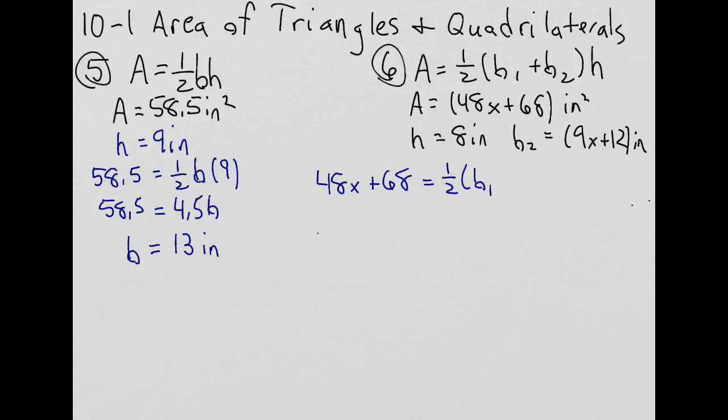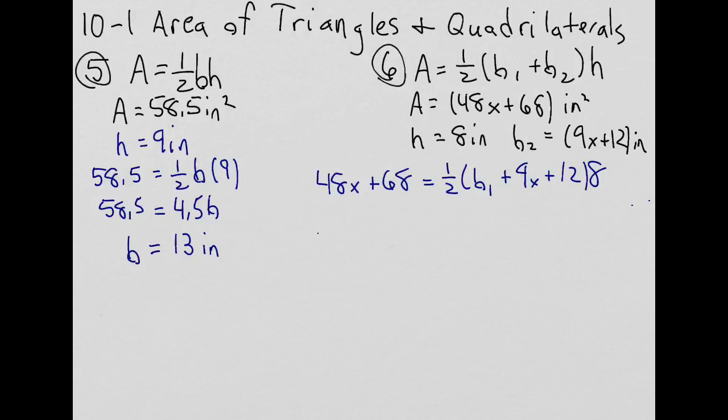It's base 1 plus base 2, which is 9x plus 12. And then times the height, which is 8. Okay, so let's see here. I think the easiest thing to do first is to combine the 1/2 and the 8. All right, so 1/2 times 8 is 4.